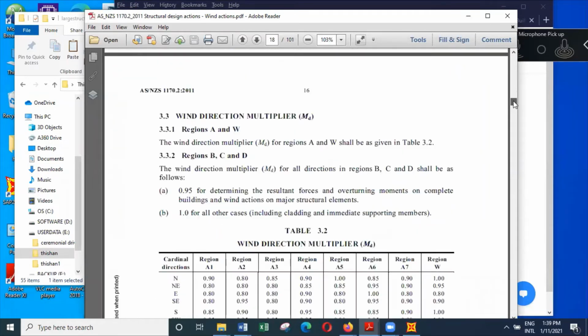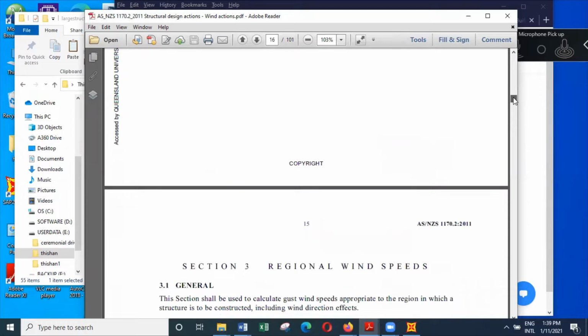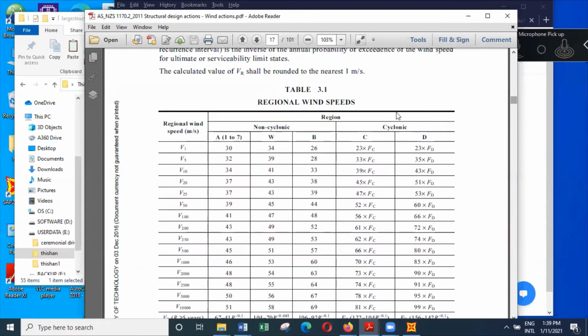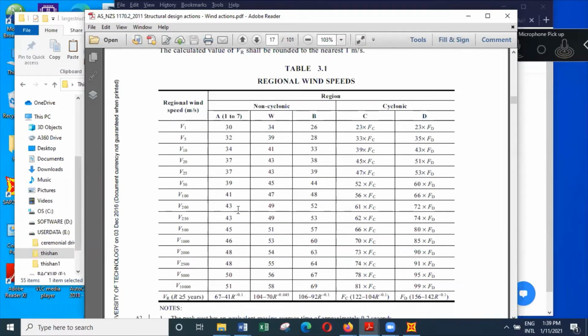And one of the things about this Australian code is it allows you to determine the wind forces based on the direction and orientation as well. And the other thing is, they don't use a factor of safety for wind. What they do is, if you are designing for a 50-year return period, you use 50.